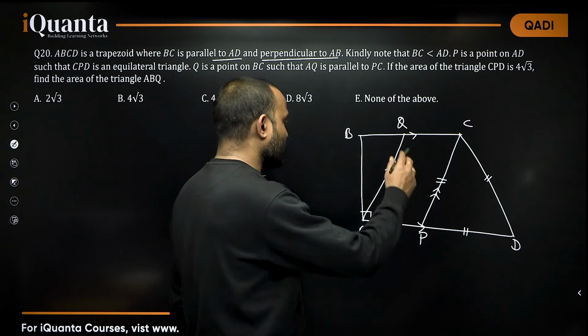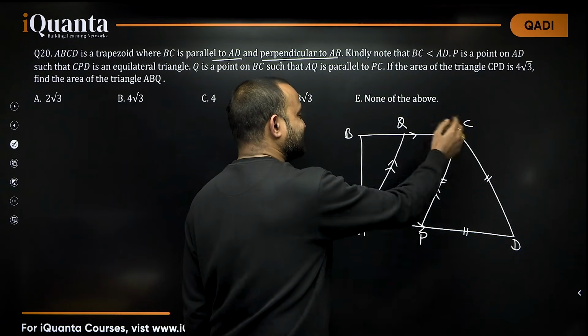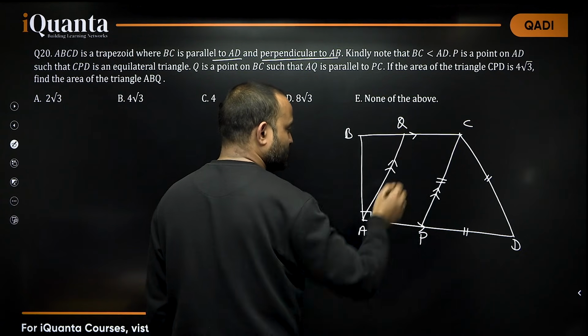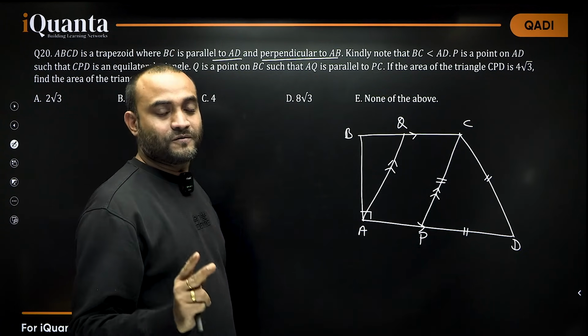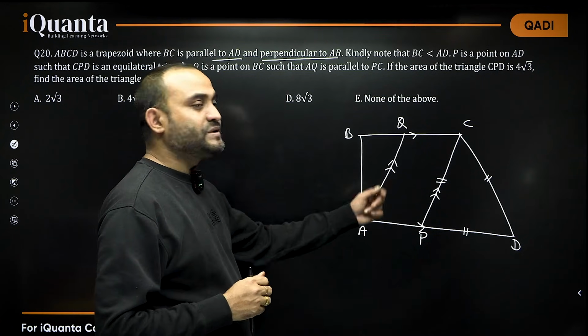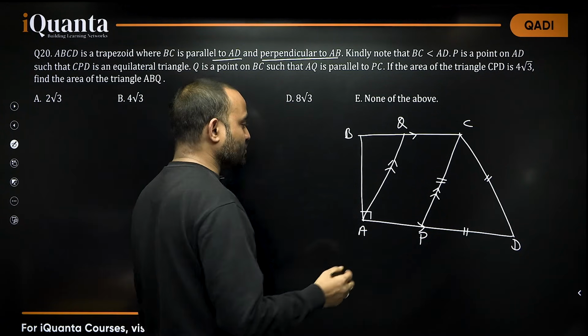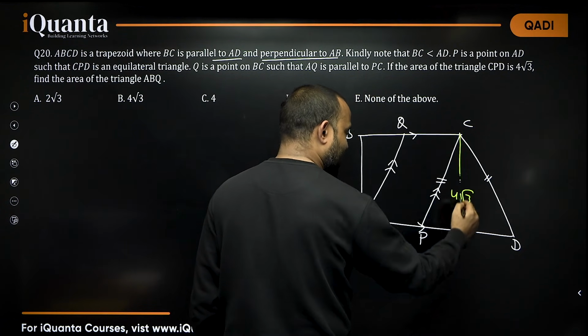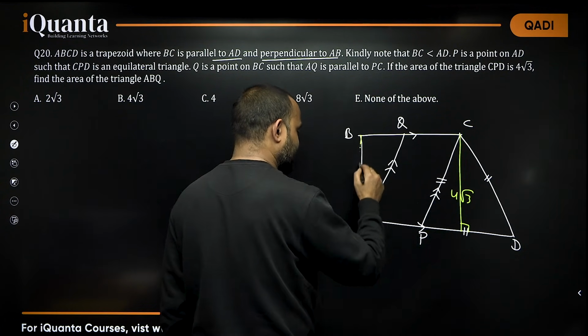Now what do we know about APCQ? Can I say APCQ has two pairs of opposite parallel sides, right? So this is nothing but a parallelogram, and we know that the area of this triangle is 4 root 3. So this height will be the same as this height.